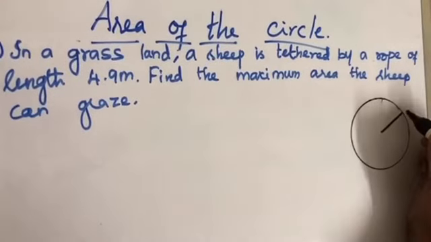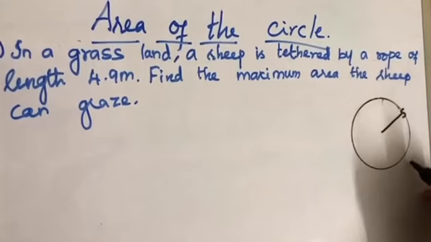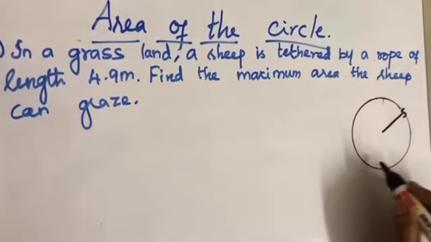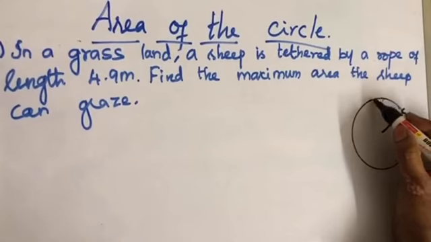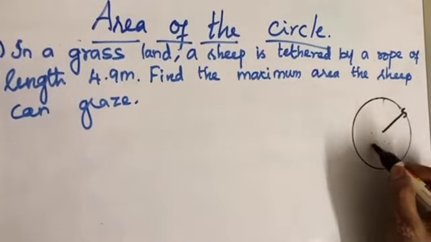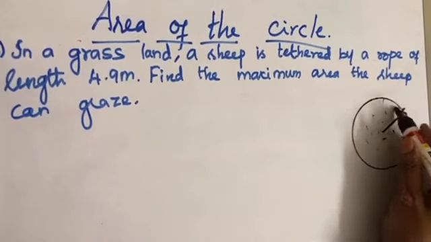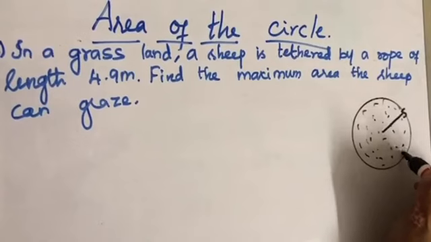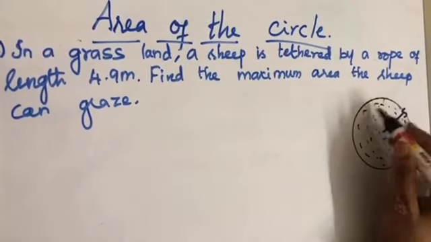If the sheep is here, it can move around this region. It can graze till the edge or here, everywhere. So the sheep can go everywhere inside this circle.